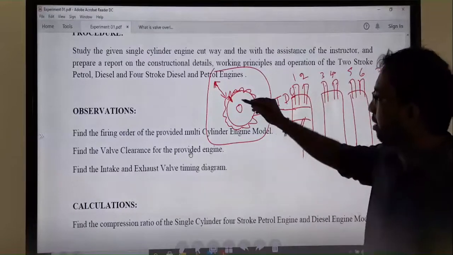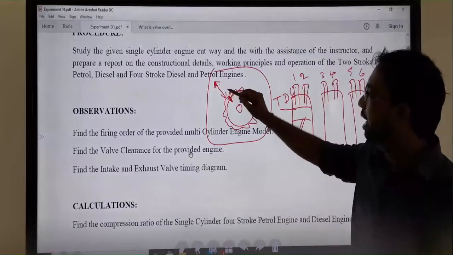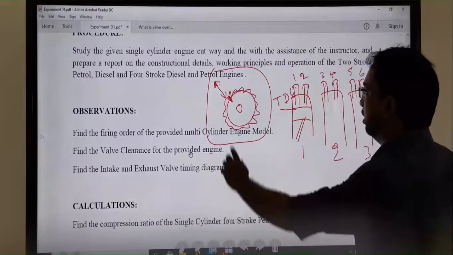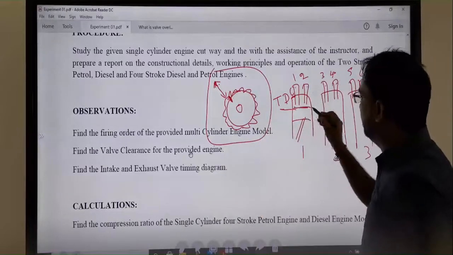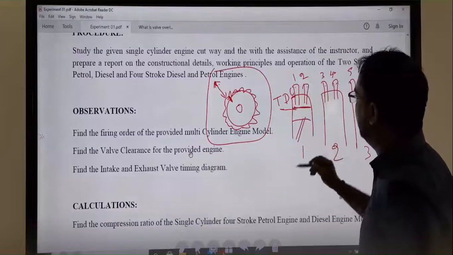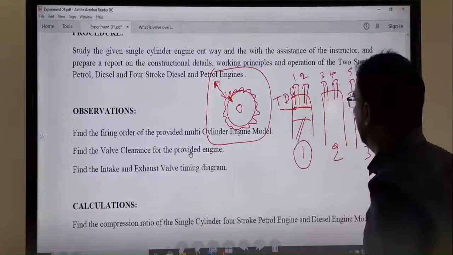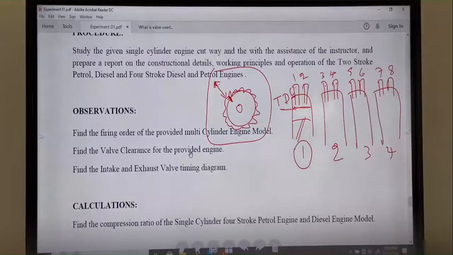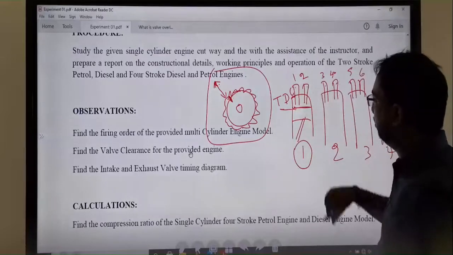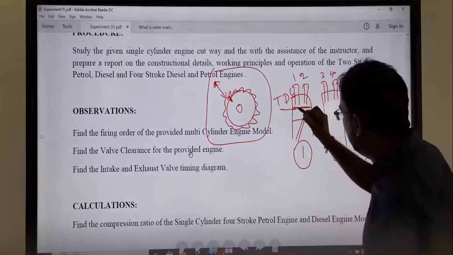So when this crank wheel is at the timing mark, this piston is at TDC. That is the first cylinder. So what happens at that time? This is near TDC.